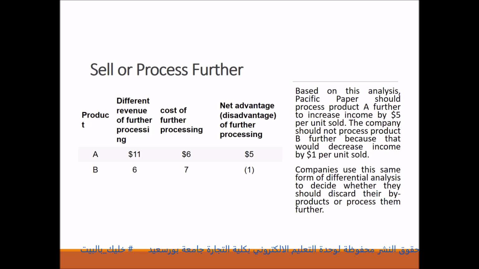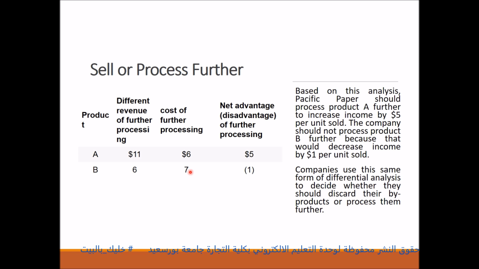In order to make decisions related to whether to sell or process further a joint product, we need to consider the differential revenues of further processing and the cost of further processing. With respect to product A, differential revenue of further processing is $11. Cost of further processing is $6, and the net advantage of further processing is $5. With respect to product B, differential revenue of further processing is $6.